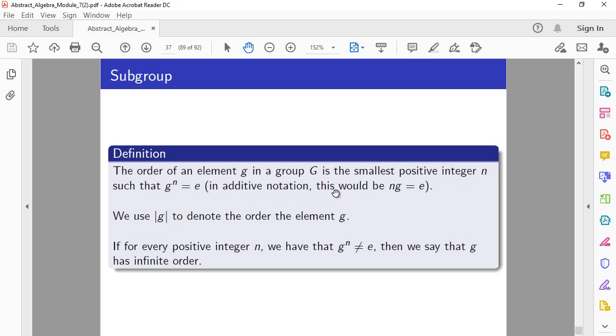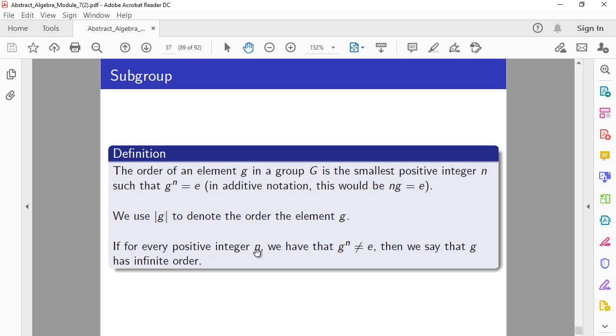In the additive notation, we would write ng is equal to e instead of g to the n is equal to e. So basically we are saying that the order of g is the smallest positive power of g that is equal to the identity. We use the absolute value around g to denote the order of the element g.